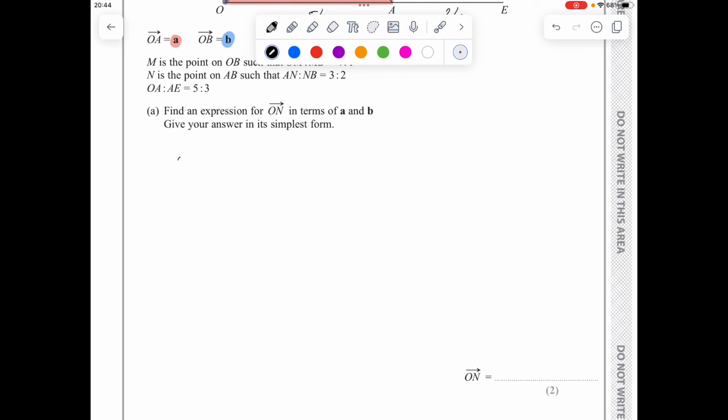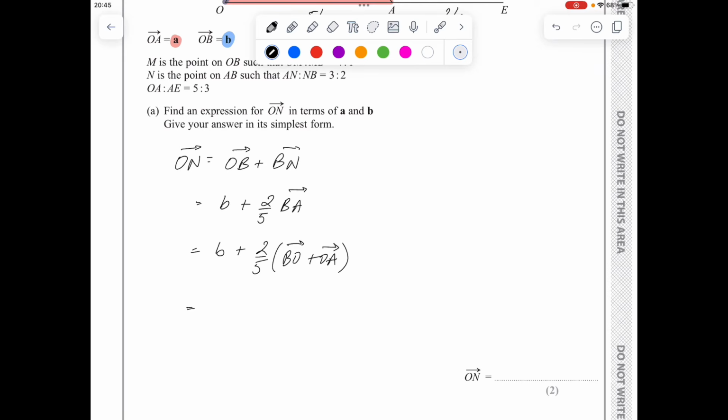So for part a, I need to find ON, and this is equal to OB plus BN. OB is simply lowercase b, and BN is equal to 2/5 of BA. So lowercase b plus 2/5, and now I need to find BA, and BA is simply BO plus OA.